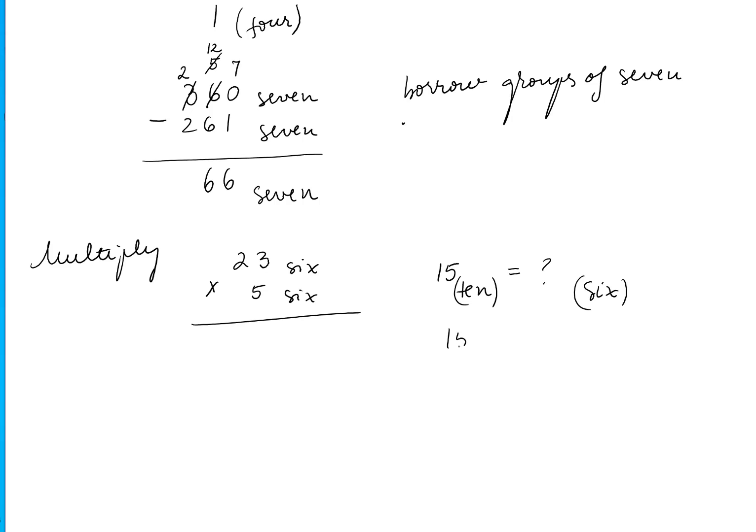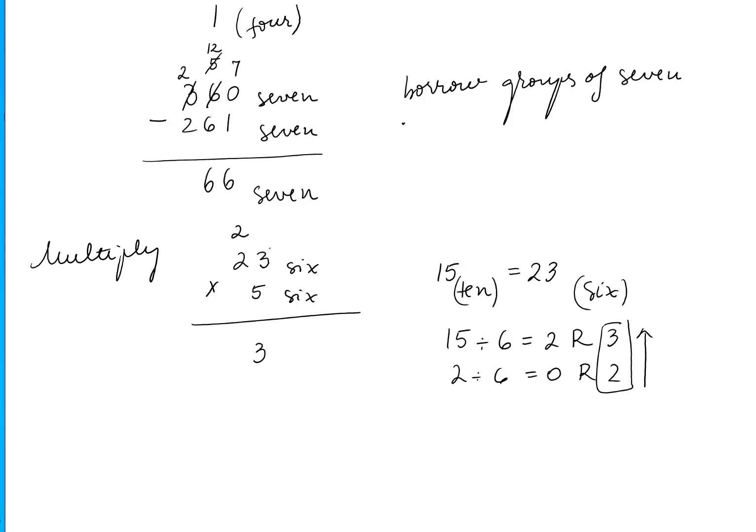So we divide 15 by 6, we get 2 remainder 3. 2 divided by 6, it's 0 remainder 2. So the answer is 2, 3, right? So here I'm going to put a 3 and I write a 2 because that's to remember that.